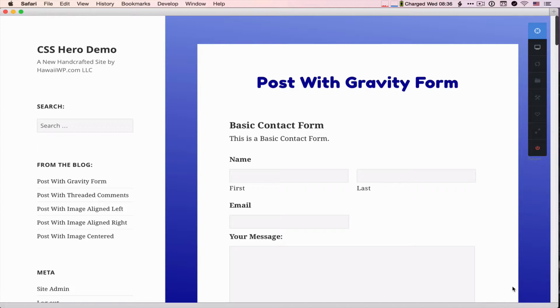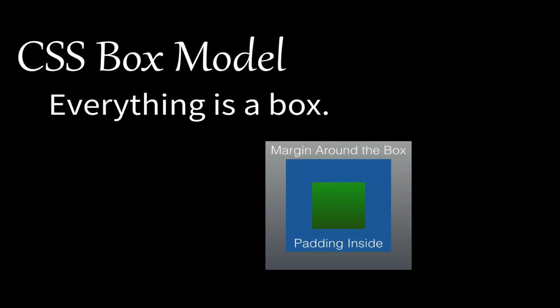I want to pause for a moment and talk a little bit more about CSS. All right, in CSS, we have something called the box model. And that basically says that everything on the website comes in a box. Okay, and in my illustration here, the box is the blue box, and I've got some margin. Margin is the space around the box that you put in there, and you've got some padding.